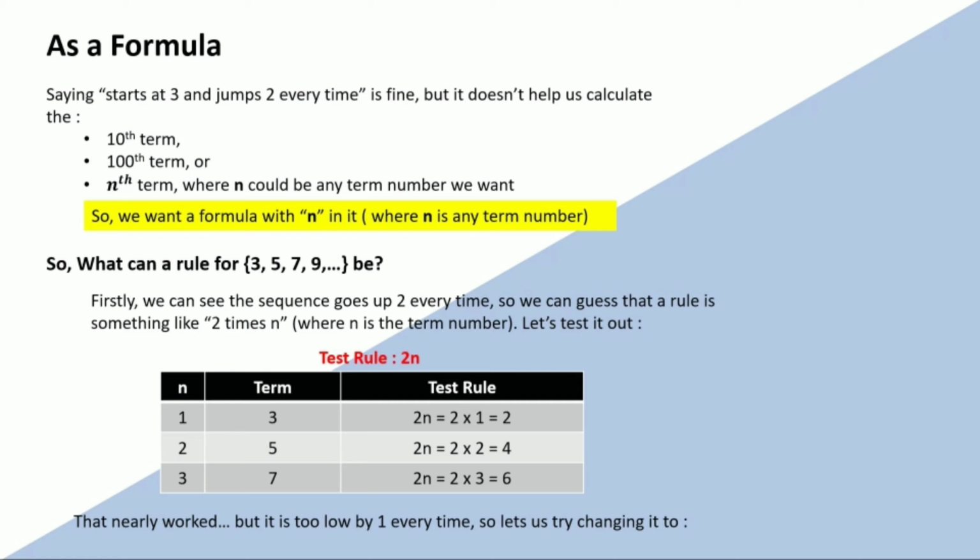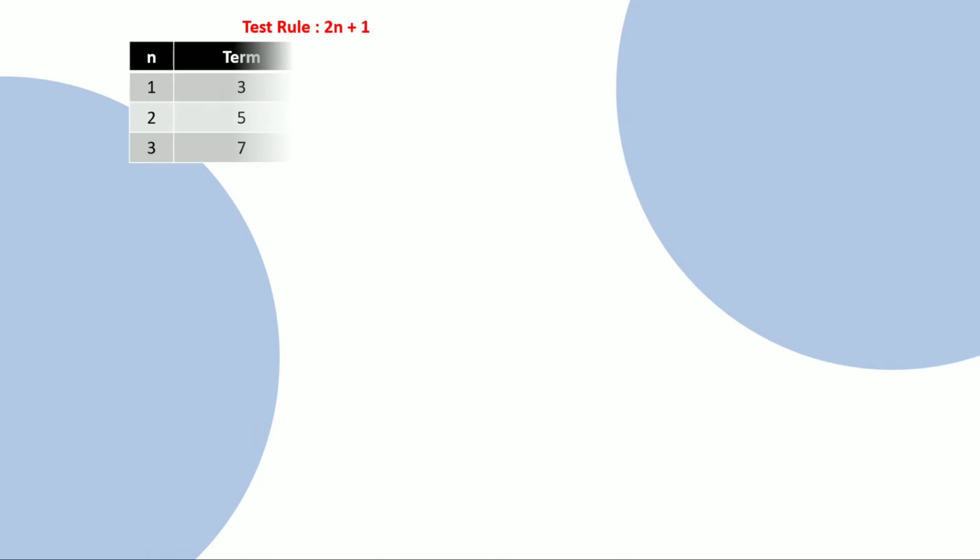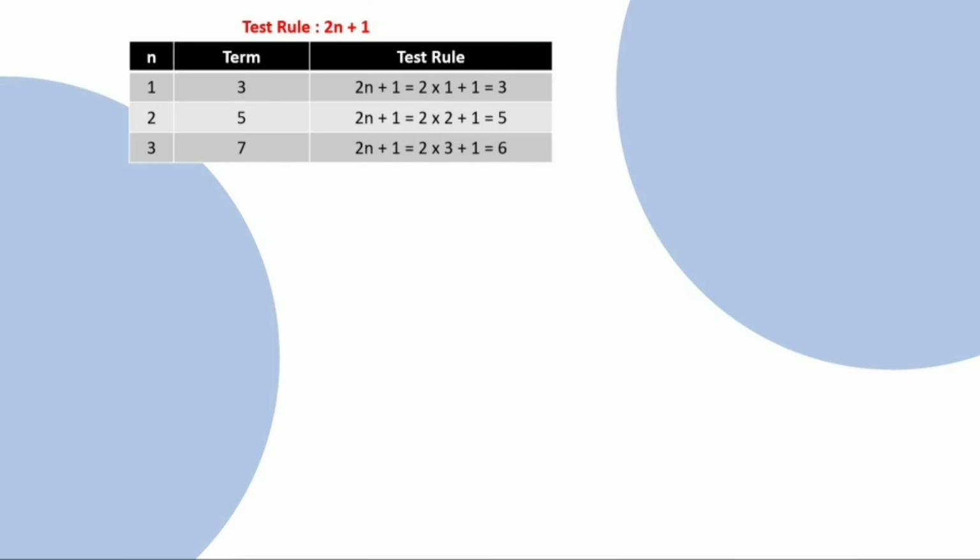If we use 2n as the rule, we get 2, 4, 6, and that's nearly working, but it's too low by 1 every time. So let's try changing it to 2n plus 1. You can pay attention to the table again. If we use 2n plus 1 as the rule, we get 3, 5, 7, and that works.